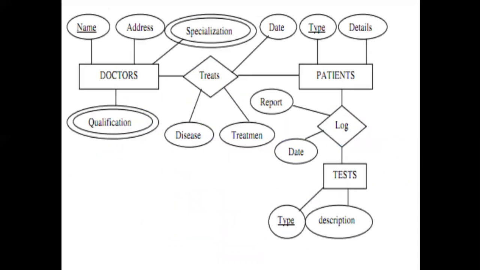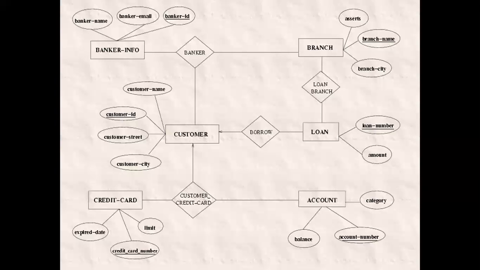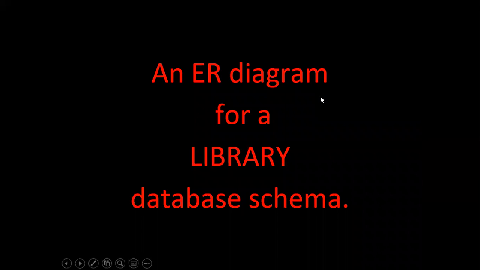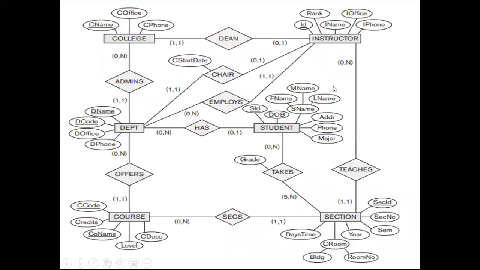Another example database is the banking database system. Here we can see four entity types, their attributes and relationships. In the same way, we have a library database management system. So these are some of the sample ER diagrams and alternative notations.